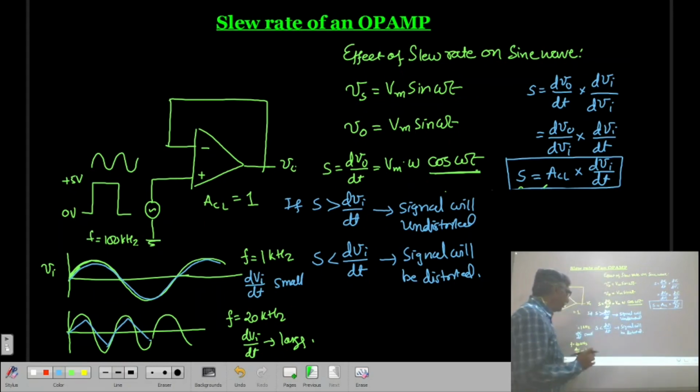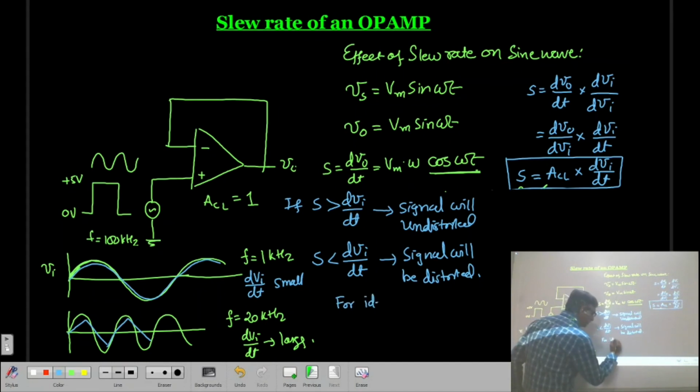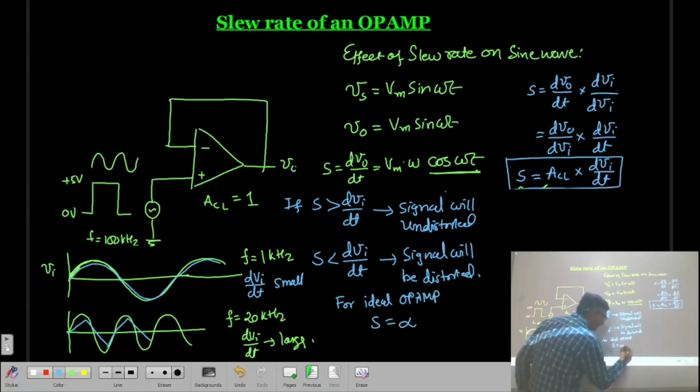And for the ideal op-amp, you have to remember, the slew rate must be infinite, or it should be very large.